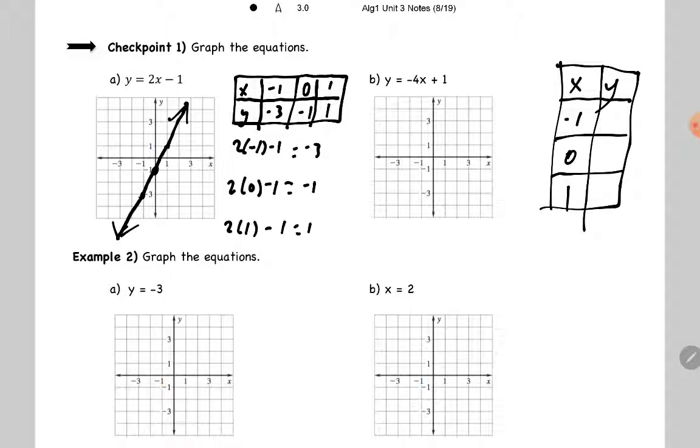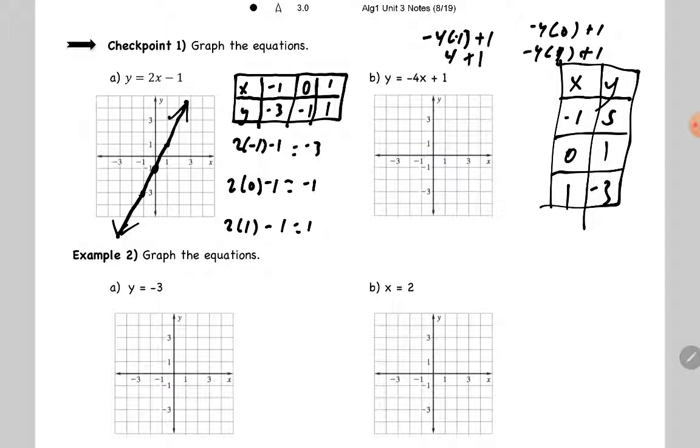If I plug -1 into the equation, I'll get -4 times -1 plus 1. So that's +4 plus 1, so that's 5. If I plug in 0, -4 times 0 plus 1 gives me 1. -4 times +1 plus 1 is -4 plus 1, which is -3.